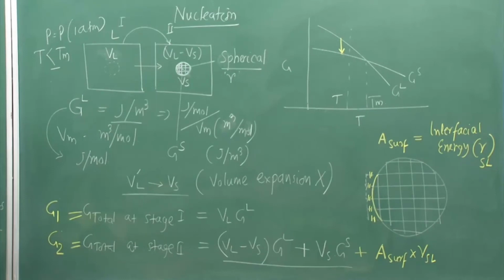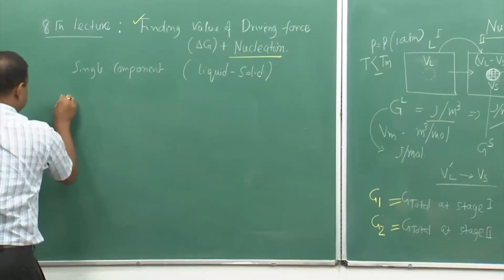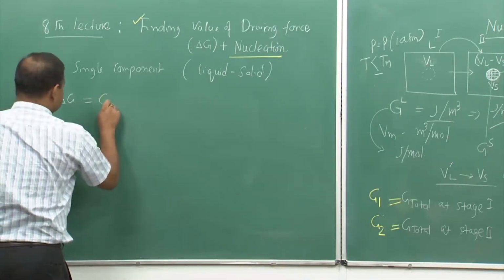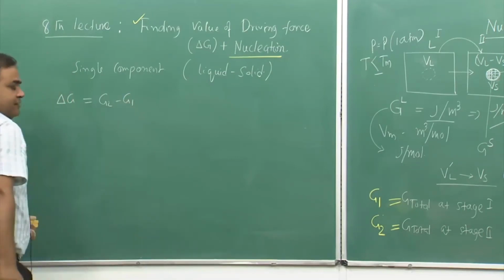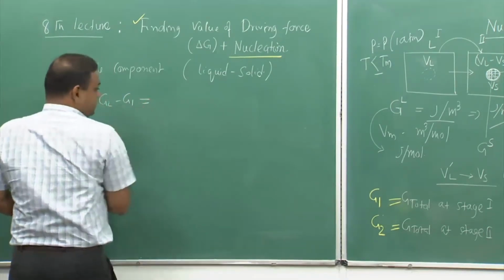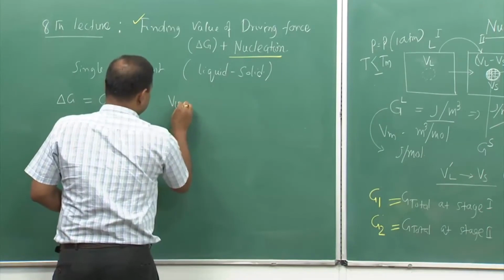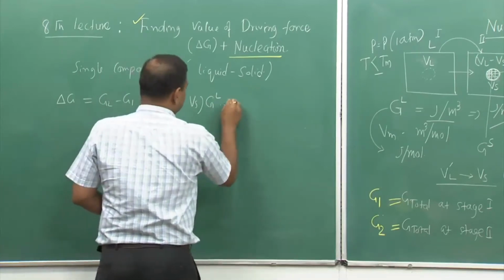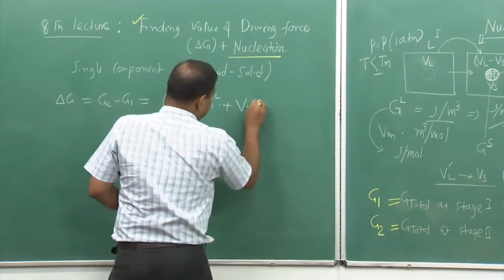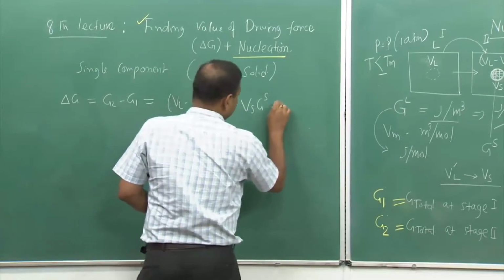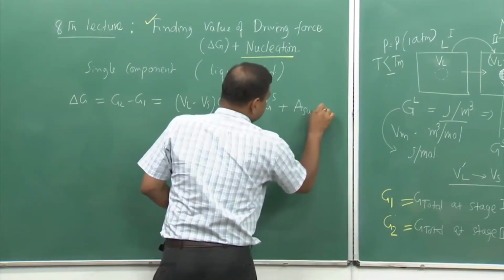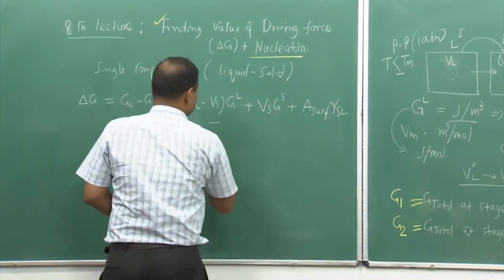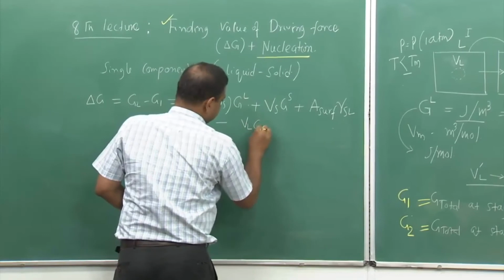So, in order to find that difference in energy, del G, which is the difference G2 minus G1, equal to (VL minus Vs) GL plus Vs Gs plus A surf gamma SL minus VL GL.